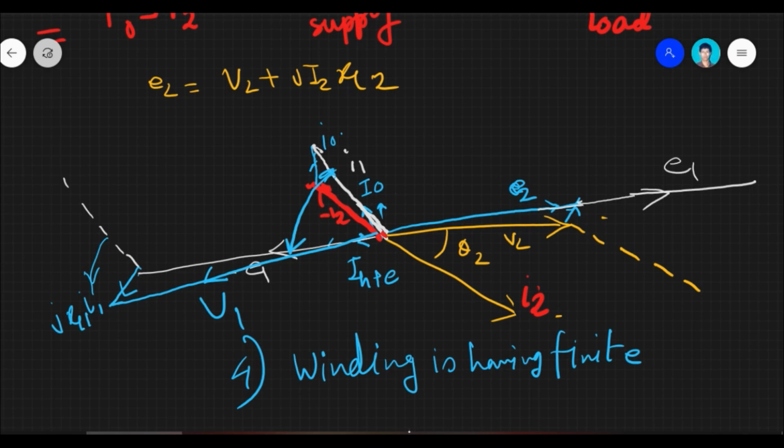First, the placement of the element that will represent the winding conductor resistance, and second, what is the modification required for this phasor diagram. So as of now we have removed 3 restrictions. The last 4 restrictions should be removed by you. First you have to determine the placement of that element, and second you have to draw the corresponding phasor diagram for it.